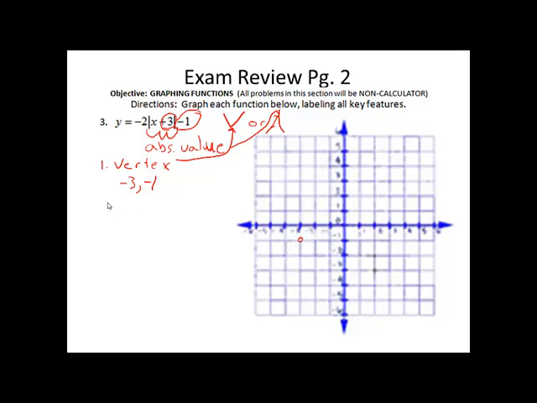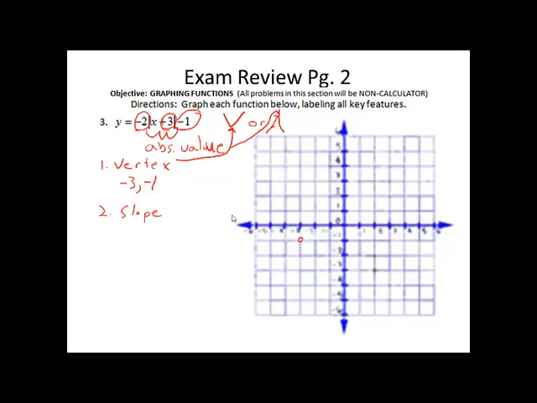Now I come over here and I look at this -2. Whatever number is in front of the absolute value is going to be the slope of my V. If the absolute value of that number is larger than 1, then my V is going to be narrow.